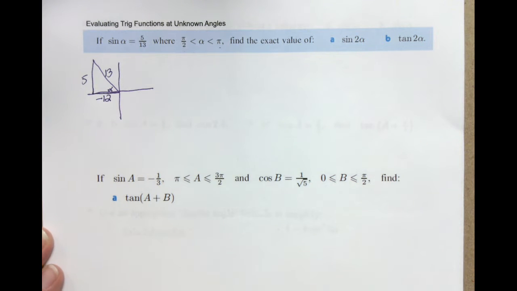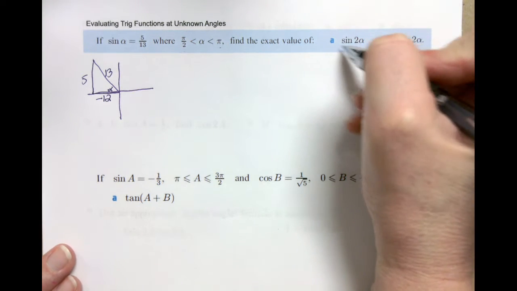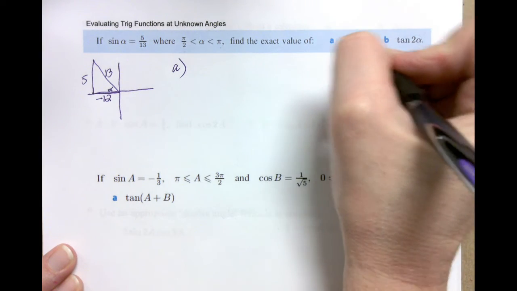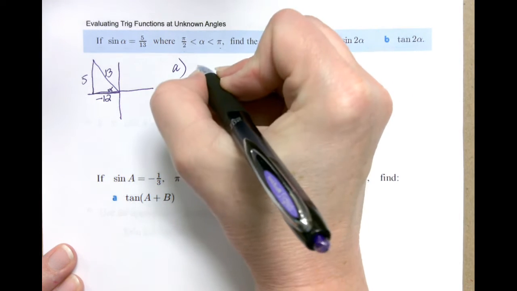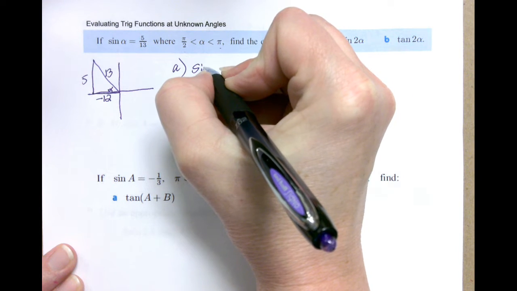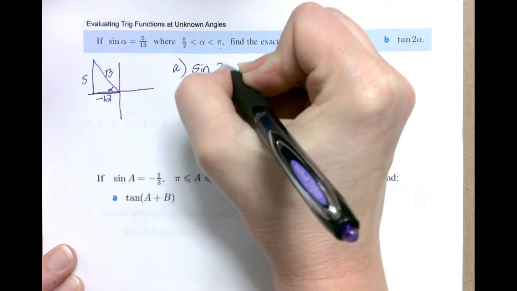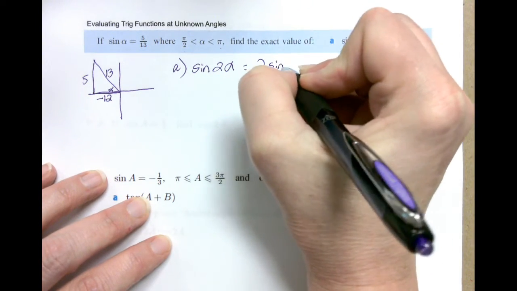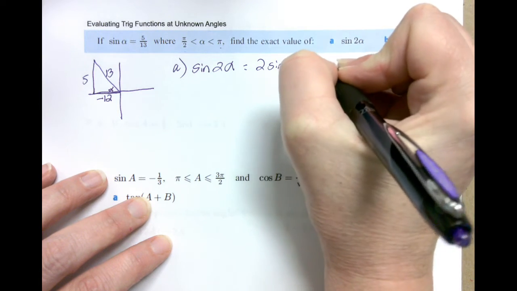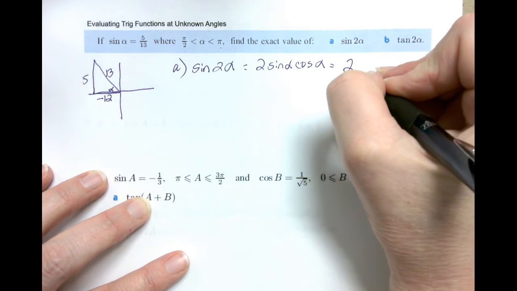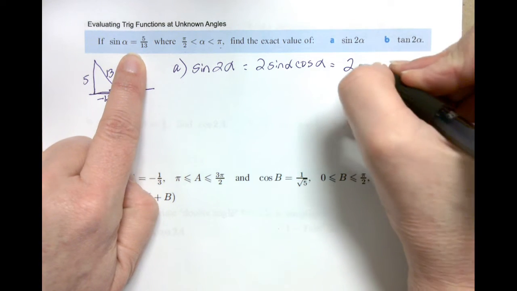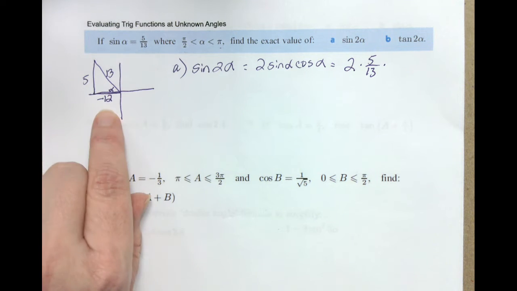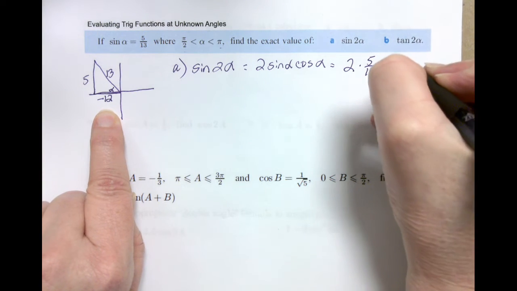So since we are trying to find, for part A, sine of 2 alpha, that's 2 sine alpha cosine alpha. So that's 2 times 5/13 times, what is cosine of alpha? Negative 12/13.